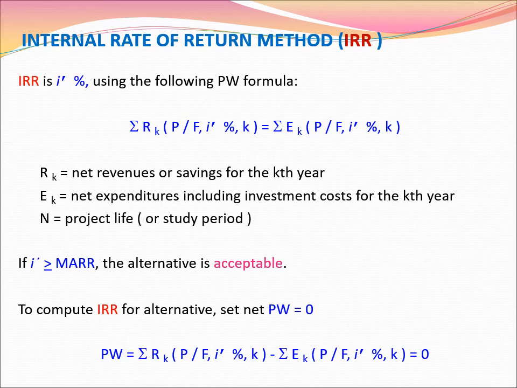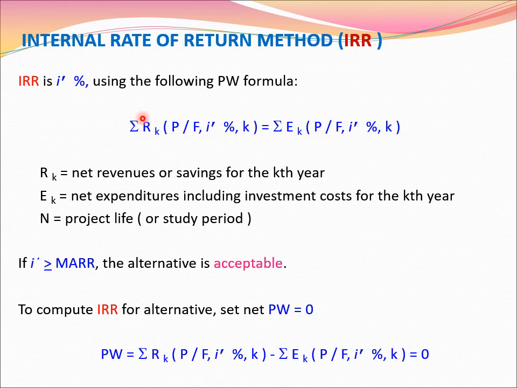So let's summarize this internal rate of return method. What do we do, or how do we find this internal rate of return? Simply, we find the present worth of all the revenues, all the cash inflow, but of course we don't know this rate of return, this interest rate, and our objective is to find this.